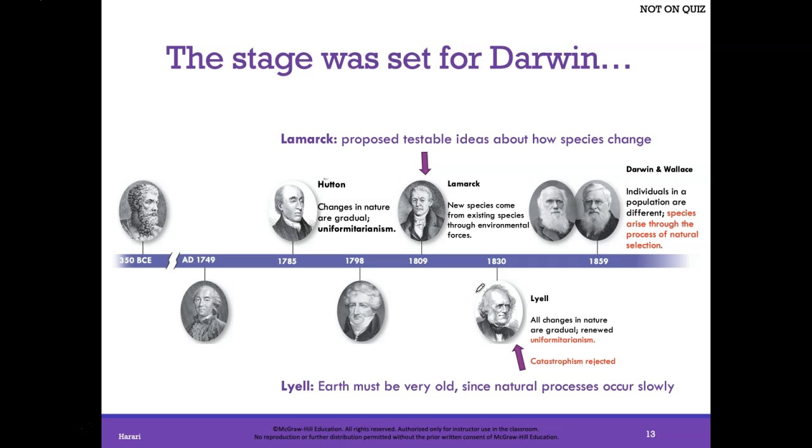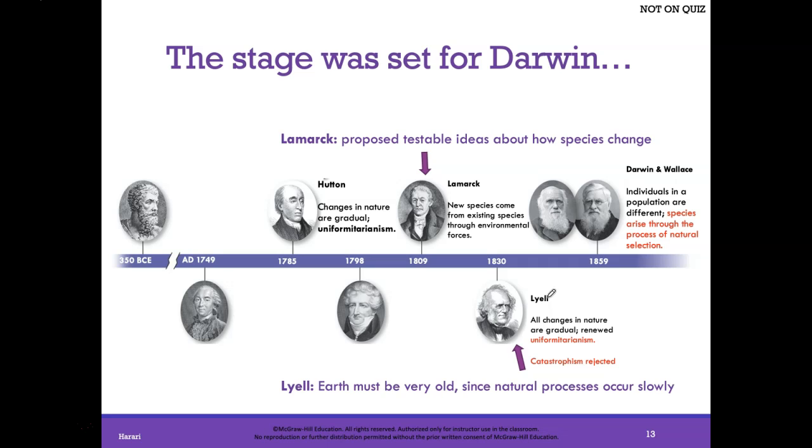So it's basically saying that the more you use something, the more heritable it will be. We know that's not true, but this is the first time that an idea was even proposed about how species can actually change.